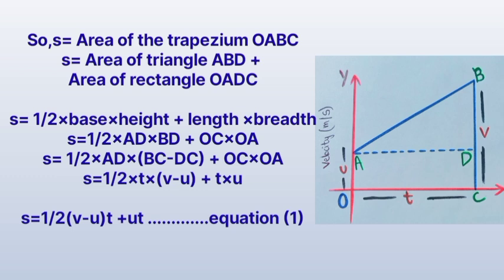We will subtract this, plus OC into OA. S equals half into t. AD is time, because here you can see that AD is parallel to OC. So if OC is time, then AD is also time.